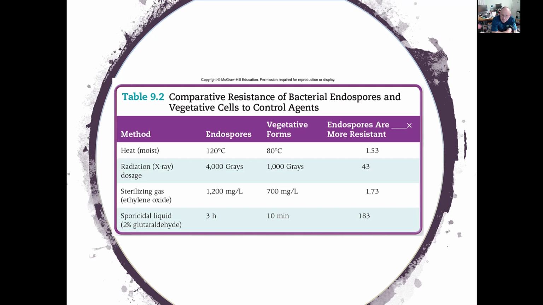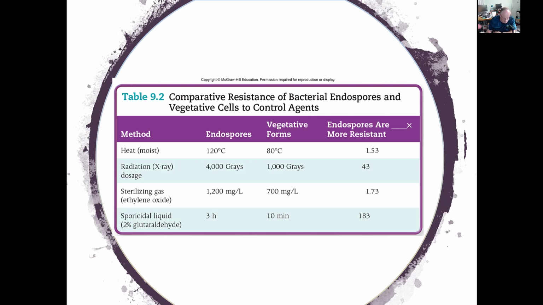Sporicidal liquid, glutaraldehyde, is the same as what's used for embalming fluids and things like that. 3 hours for endospores, 10 minutes for vegetative forms, and they're 183 times more resistant with these sporicidal liquids.